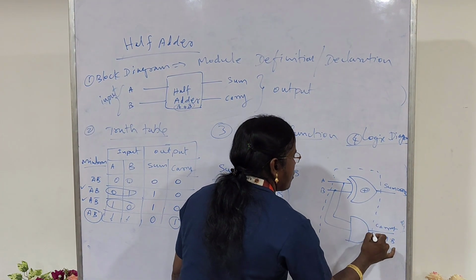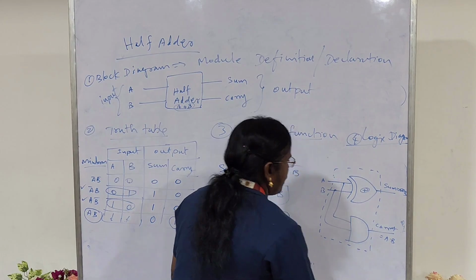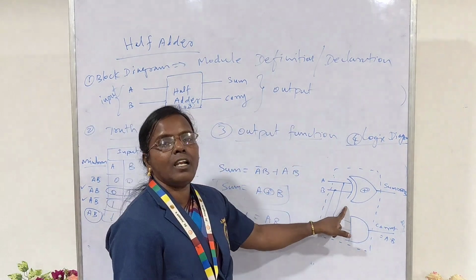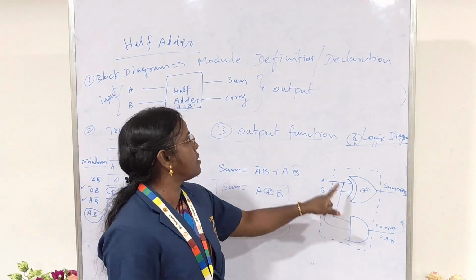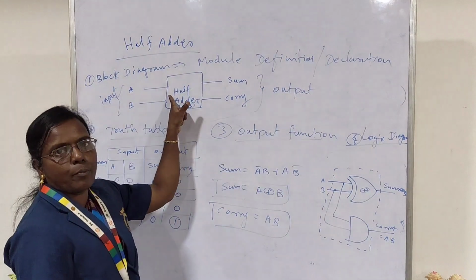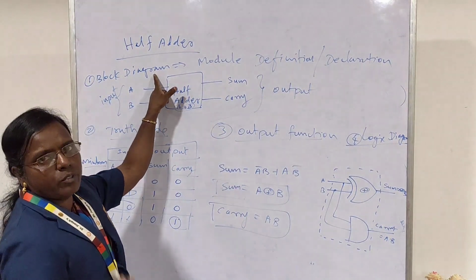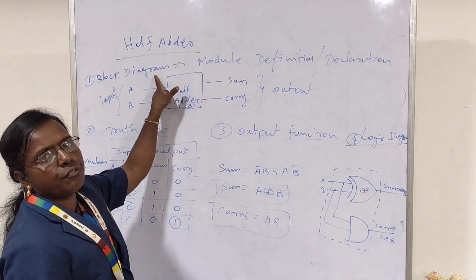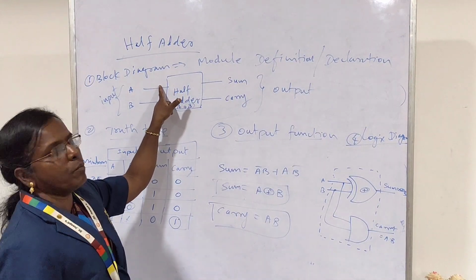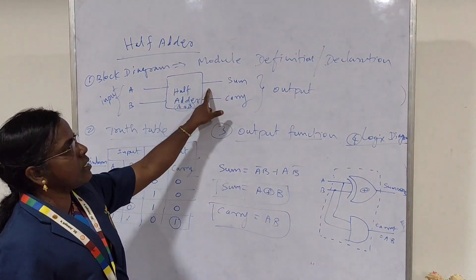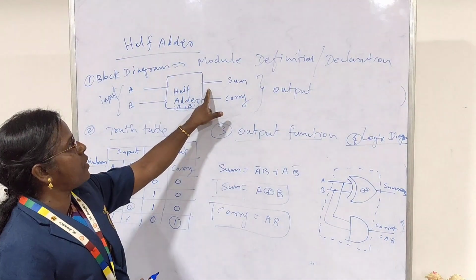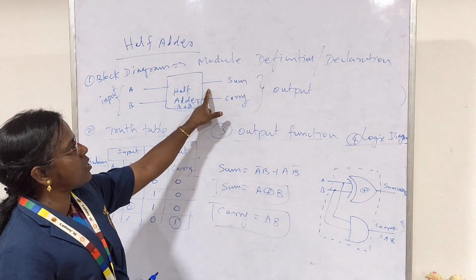Initially, we don't know the internal logic of this half adder circuit. While describing the problem statement, the half adder should perform just a single bit addition. For performing addition we need two variables, and the results of the operation are sum and carry.